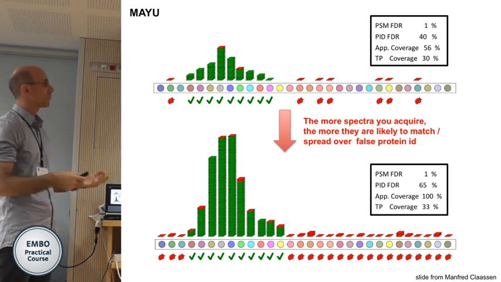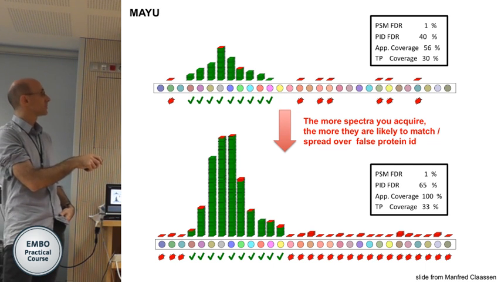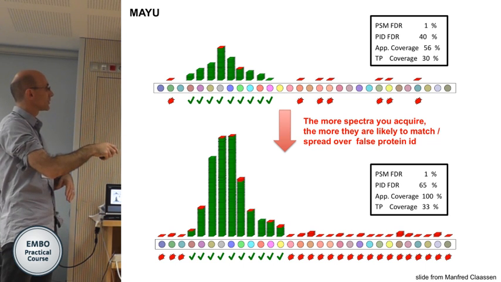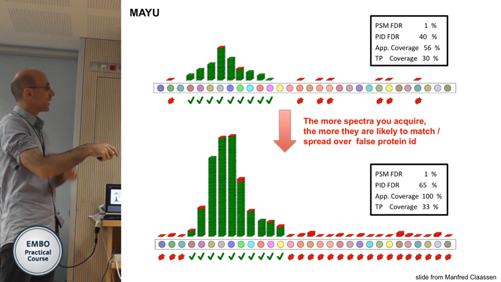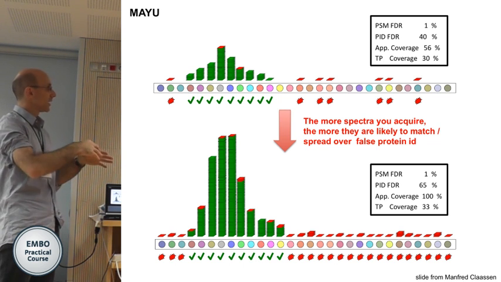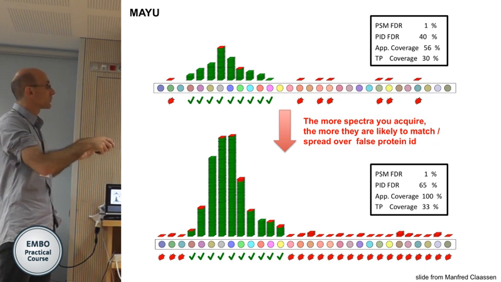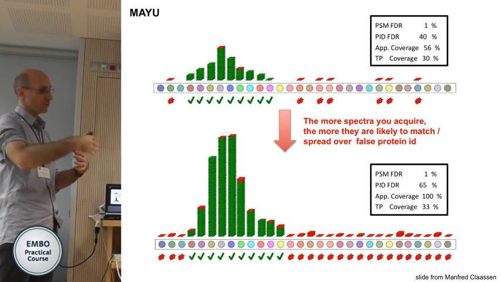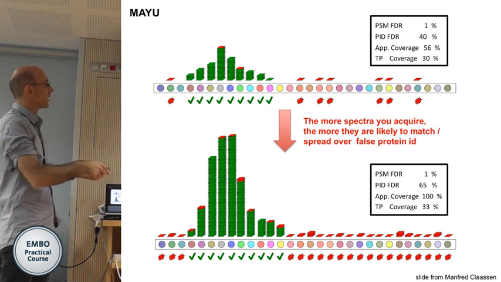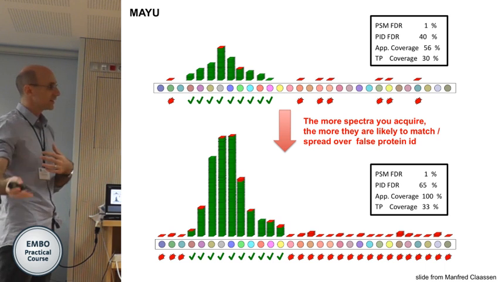If you shoot your sample once in shotgun, the true spectra always accumulate at the same protein IDs, but the false spectra identifications are random matches. Some of them accumulate on top of true protein IDs, but most of them accumulate randomly across the rest of your protein database. So you will in principle have as many false IDs in your proteins as in your decoy matches.